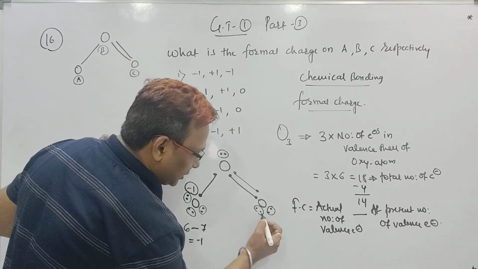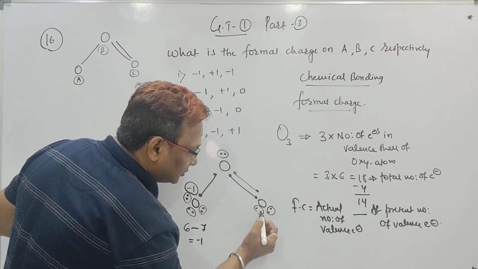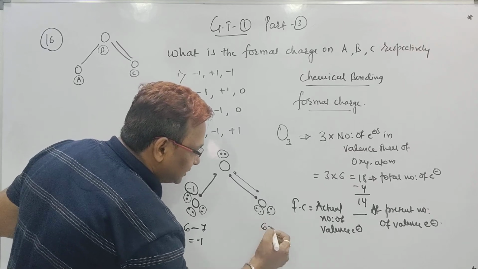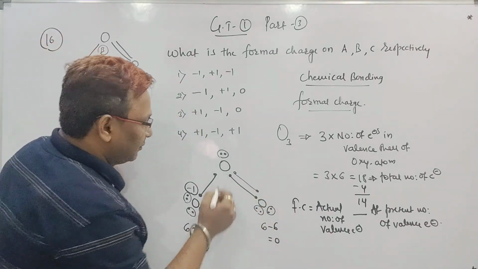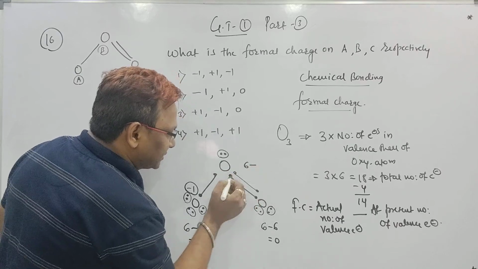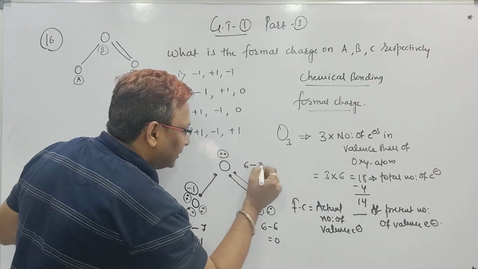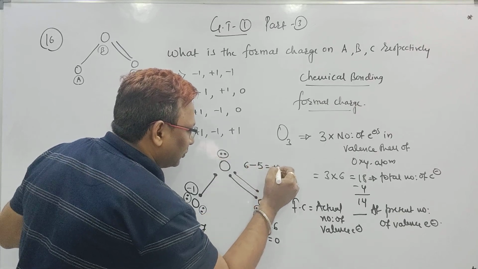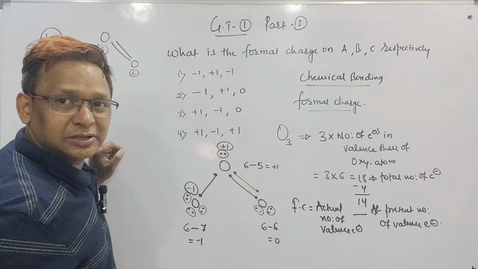For this oxygen, the actual number of electrons in the valence shell is 6, but present is 1, 2, 3, 4, 5, 6. Sir, 6 minus 6 equals 0. No formal charge. But in this oxygen, check it. Actual number 6 minus present 1, 2, 3, 4, 5. So 6 minus 5 equals +1. This oxygen will have +1 as the formal charge.